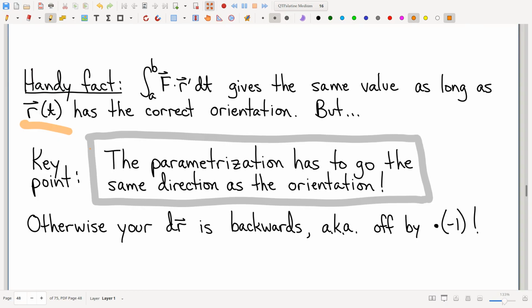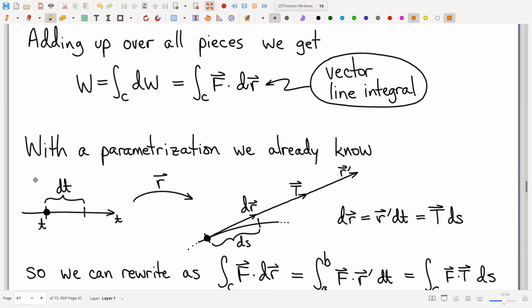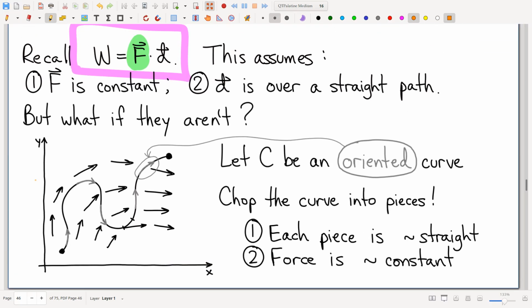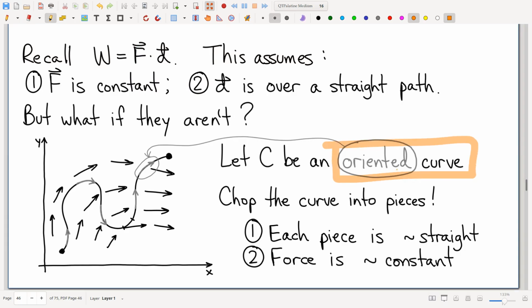Parameterize however you like. With an asterisk. Very important asterisk. You're not parameterizing the curve. You're parameterizing the oriented curve. The orientation is part of the deal. So when you parameterize an oriented curve, you really need to parameterize the way the curve is going, right?